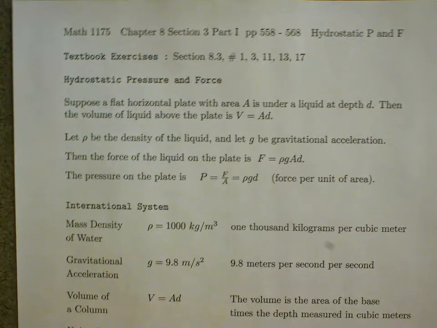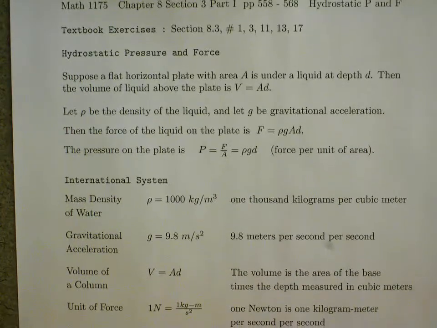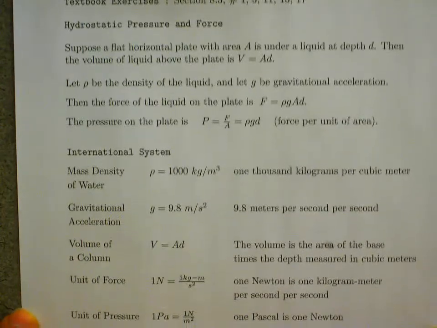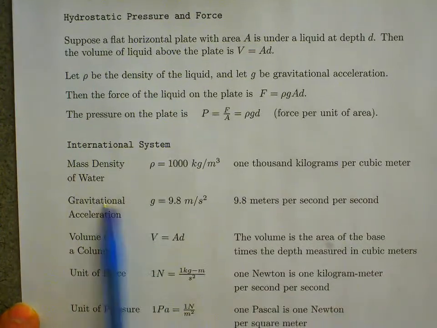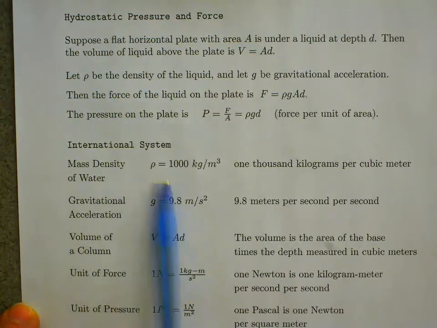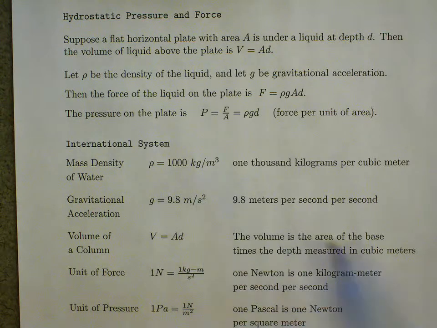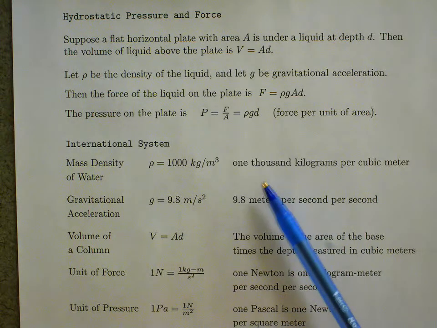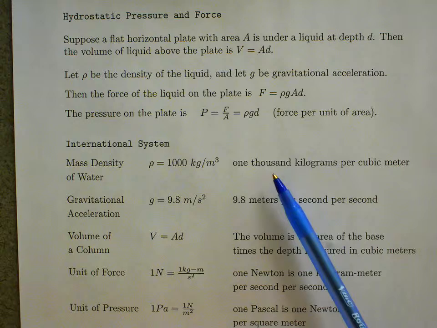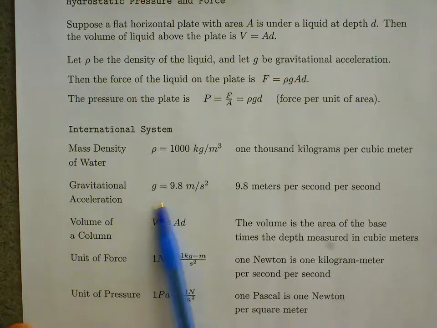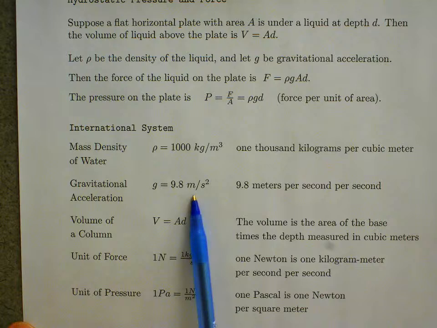In the international system, the mass density of water is rho equals 1,000 kilograms per cubic meter. That's the mass density of water. And acceleration due to gravity is 9.8 meters per second per second.